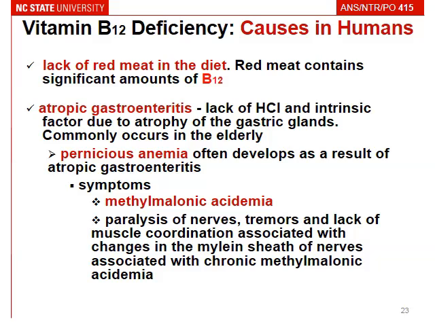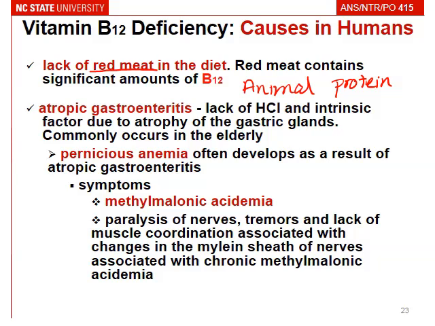So what are the main causes of B12 deficiency? Primarily, it's going to be the lack of red meat or really any animal protein. Us humans, we are omnivorous, so this is really an indication that you need to have some sort of animal product so you can actually meet your B12 requirement.